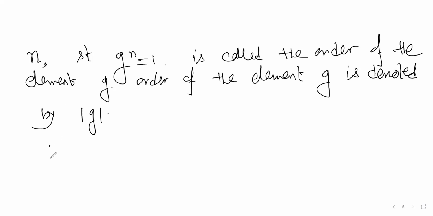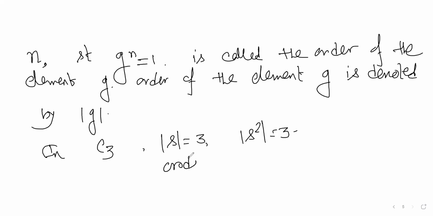So in C3, the order of S is 3, the order of S2 is also 3, but what is the order of the identity? Okay, think about it.